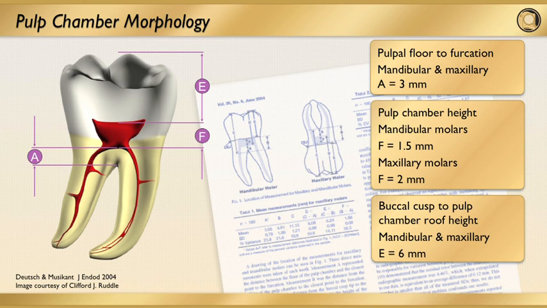We look at another aspect, from the buccal cusp to the pulp chamber roof in mandibular and maxillary molars, represented in the diagram by the letter E. We find that it's consistent between maxillary and mandibular molars, at about 6 millimeters.